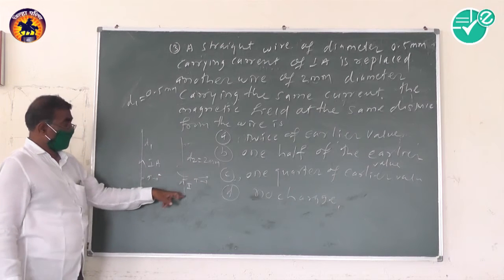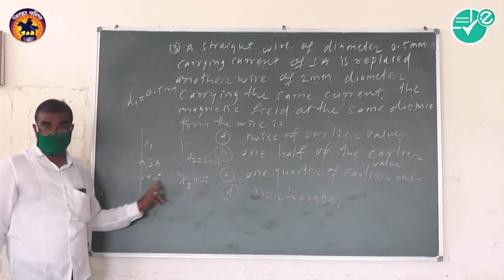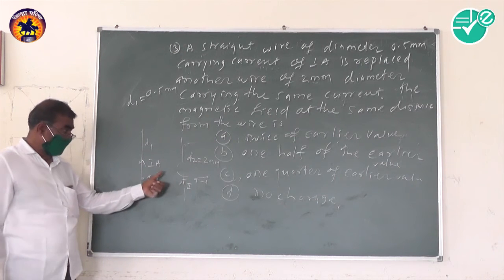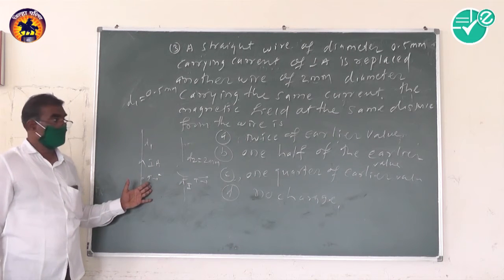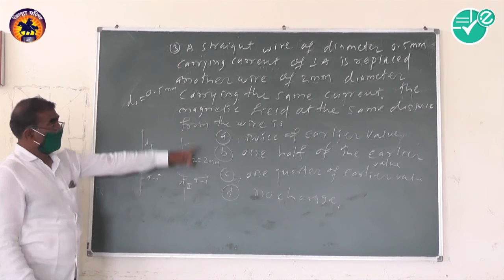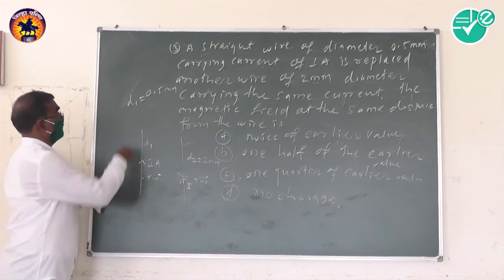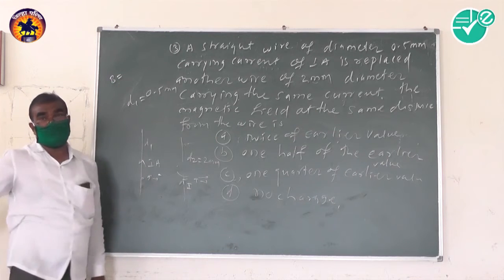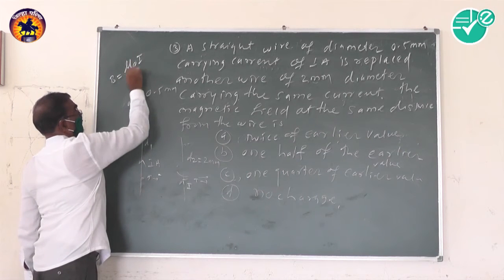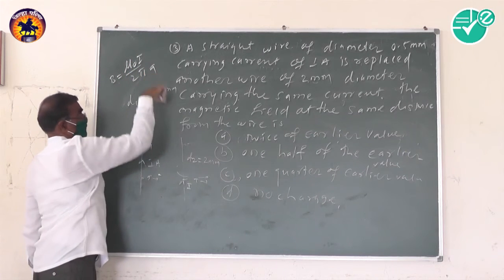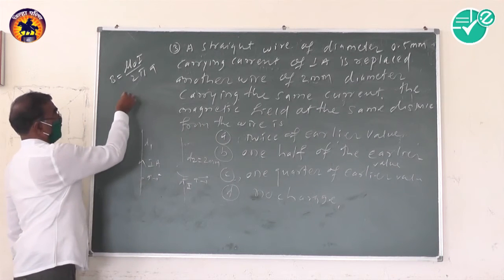It means that current in both the wires is the same, and we have to find the magnetic induction at a point for the two wires at the same distance. Distance is same, current is same, but diameter is different. We know that the magnetic induction at a point due to a long straight conductor is mu 0 I upon 2 pi r, where r is the distance of the point.